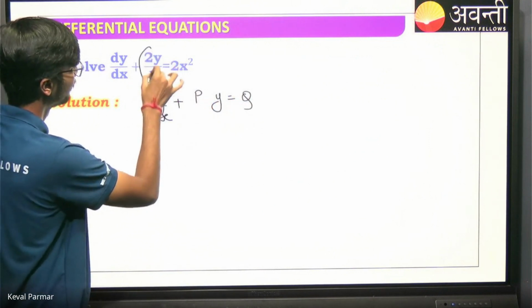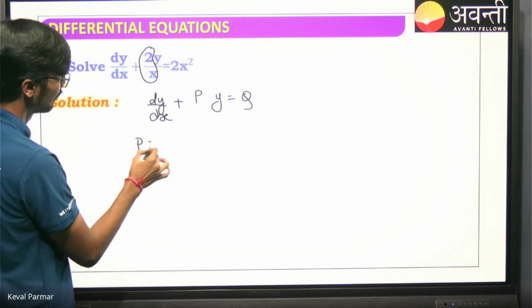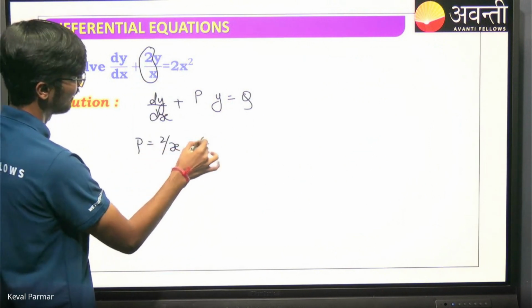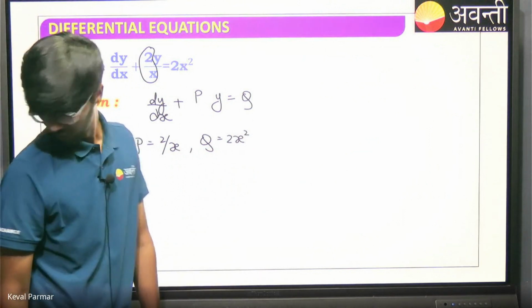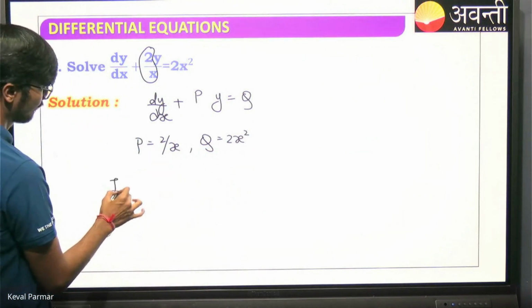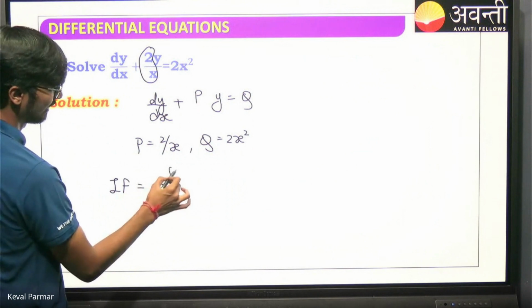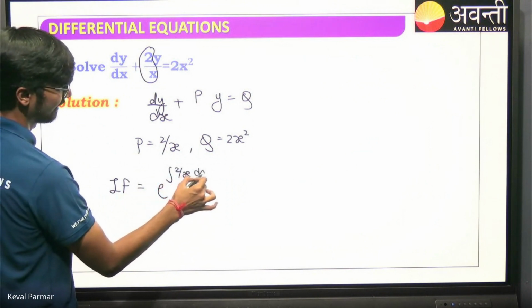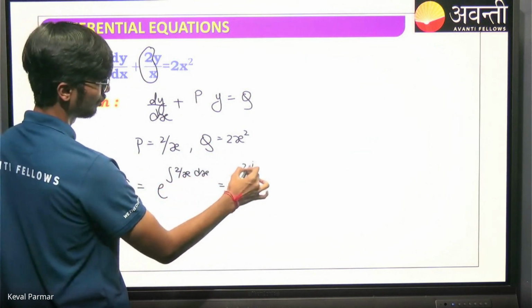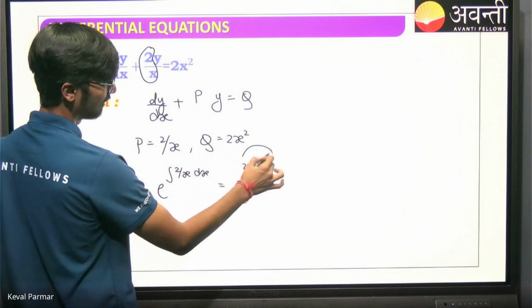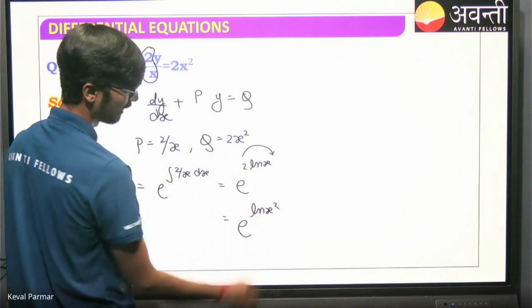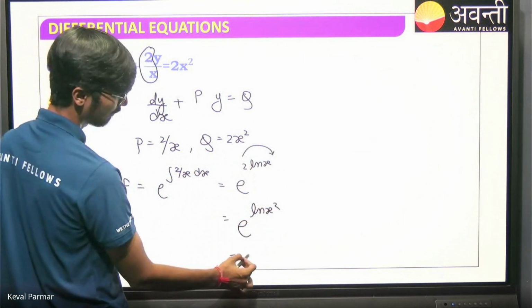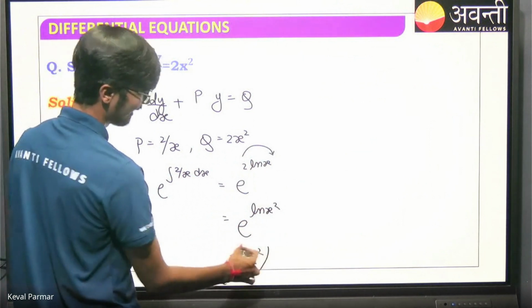So p equals 2/x and q equals 2x². The integrating factor will be e raised to ∫(2/x) dx, which is e raised to 2 ln x. Now the 2 will climb up, so I'll get e raised to ln x². Again, by the property of log, this will be x².